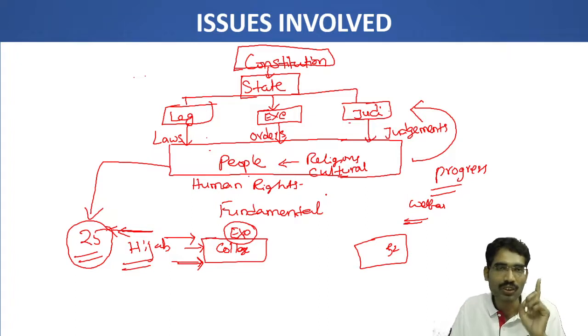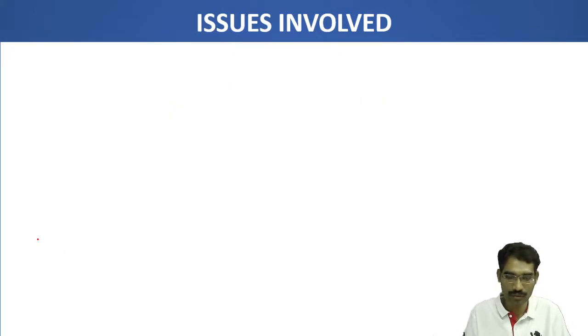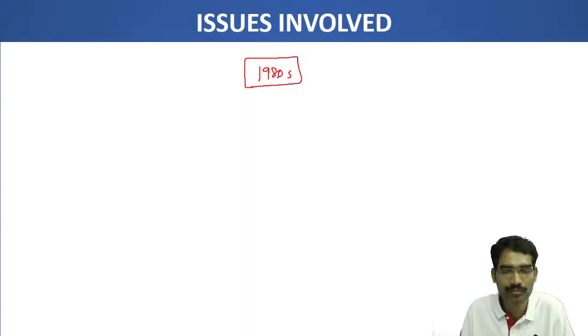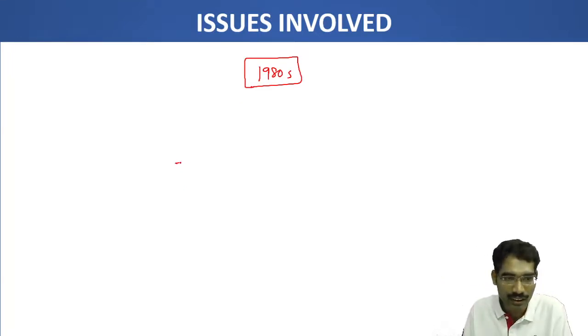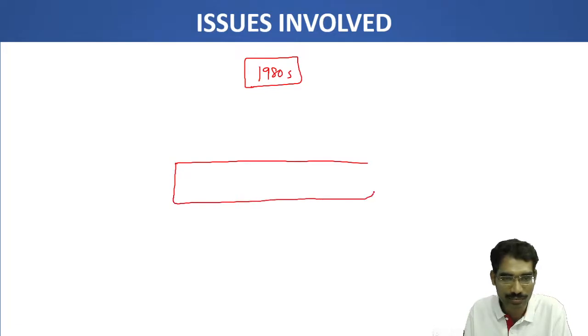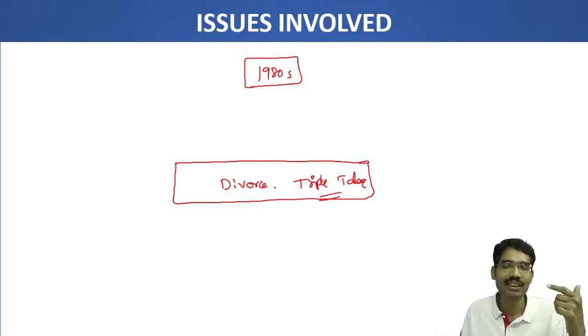In this context, we have to remember one issue which happened in the 1980s. There was a similar issue, that is the Shabana case. What is the Shabana case? Here it is related to Islam once again. There is a concept called triple talaq, instant divorce.